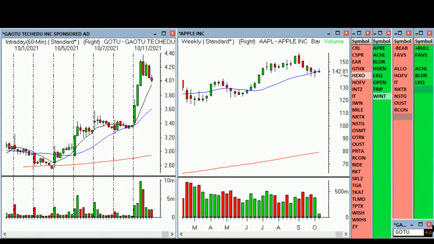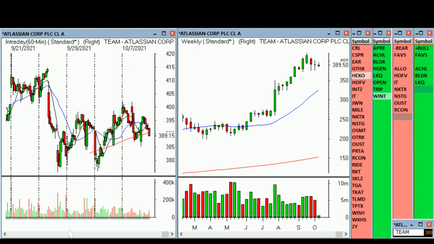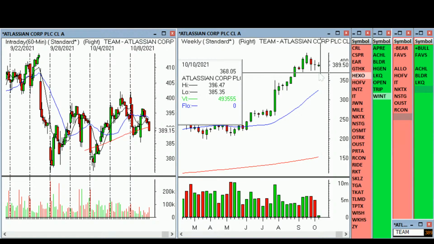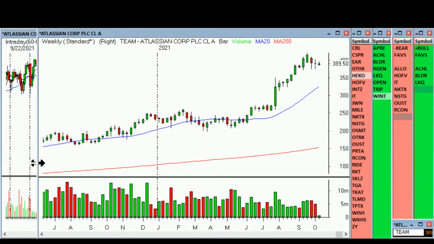I did see the team on the weekend. It did look like it's starting to break down, but it's the most bullish stock in the country. Notice the size of the stop. The entry for this would be under 371.80, stop is 420. I don't think it's a good idea, but I did come across it when I scanned this weekend.